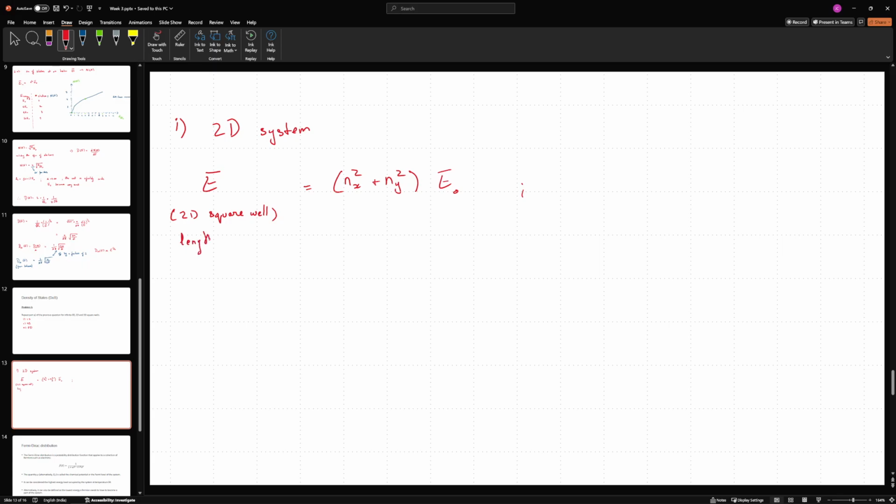I don't want to look at the general case yet. So essentially my 2D well is going to have length and breadth both equal to A. So E naught is equal to pi squared h bar squared divided by 2m A squared.